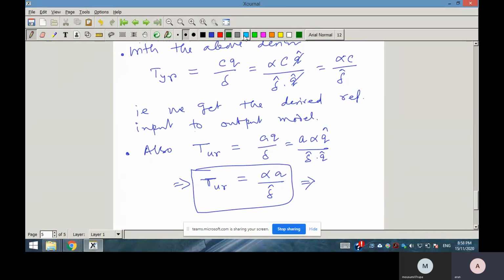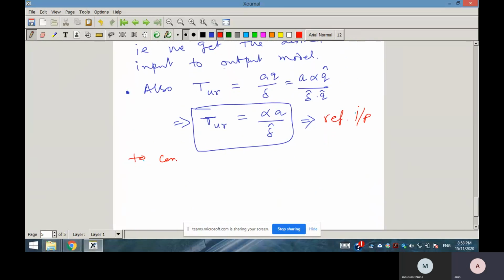This implies the reference input to control effort characteristics is independent of choice of Q hat.